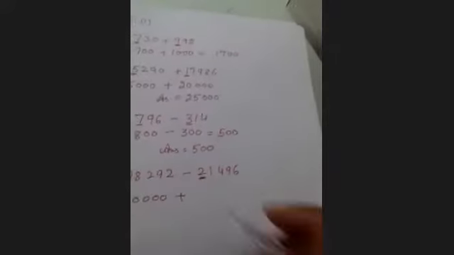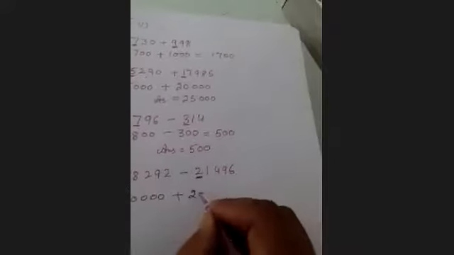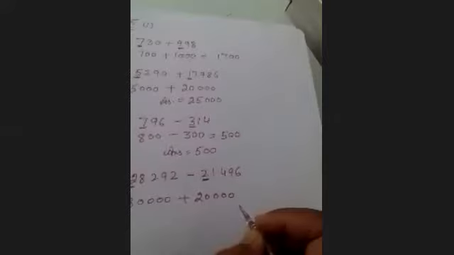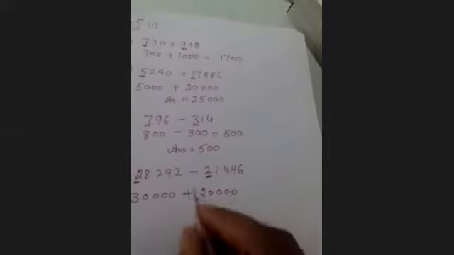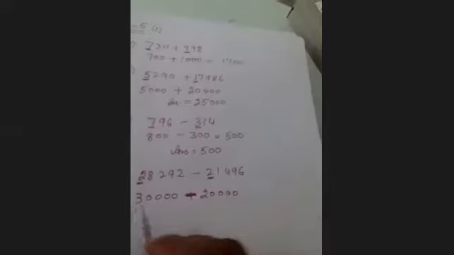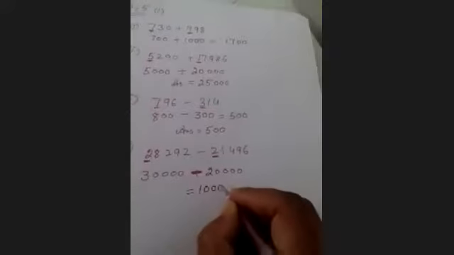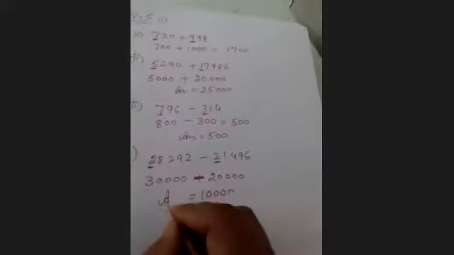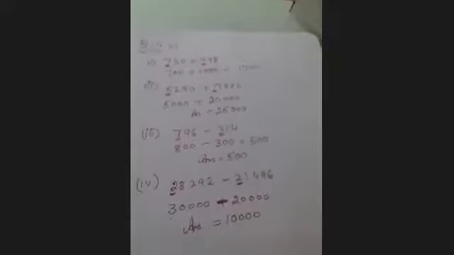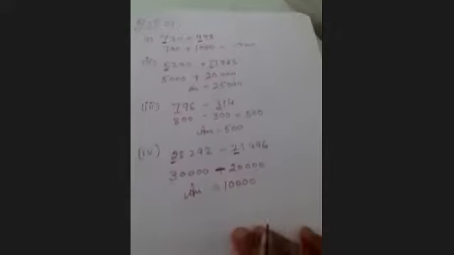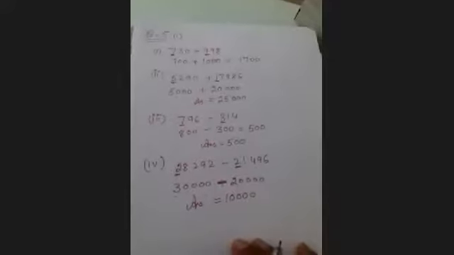Now put your finger and observe the next number. This is 1, so 20,000. Now subtract, 30,000 minus 20,000 is 10,000. So this is our fifth question of exercise 1.4.